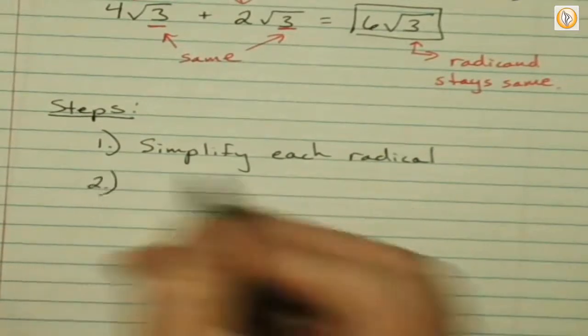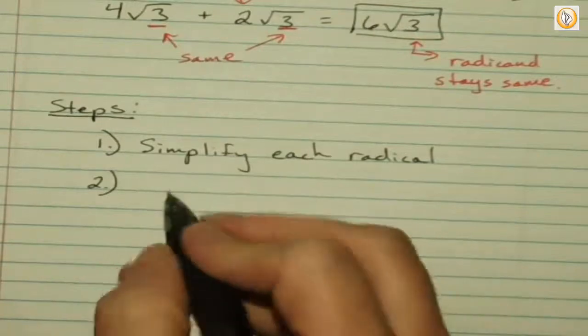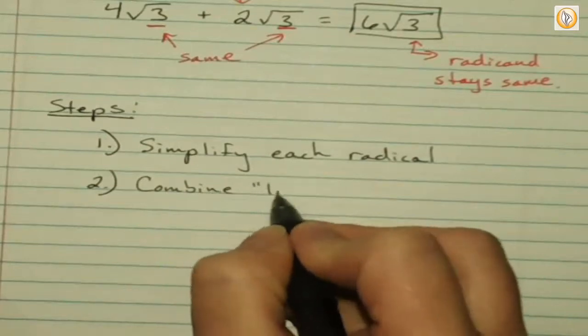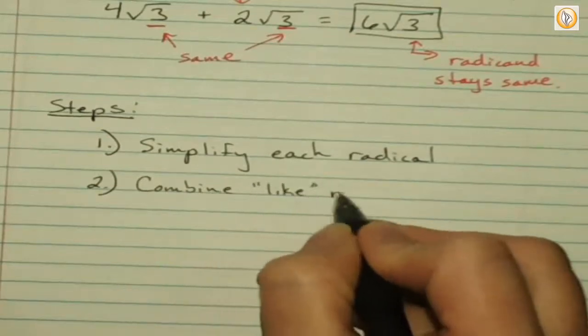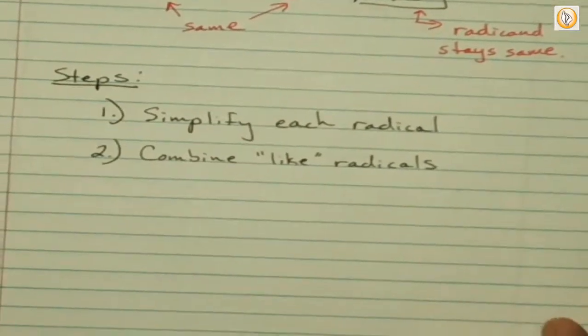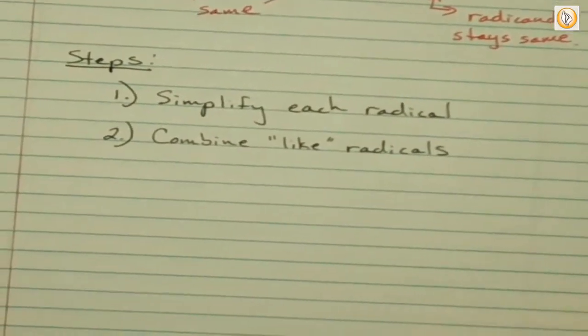And then step 2, and we've been doing this all chapter long, you're going to combine like radicals. So step 1, simplify, then combine. That's it. Those are all the steps.